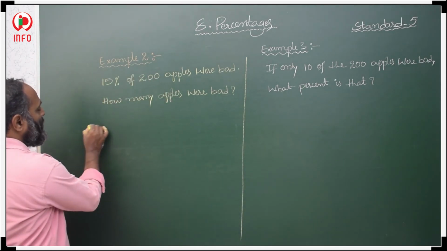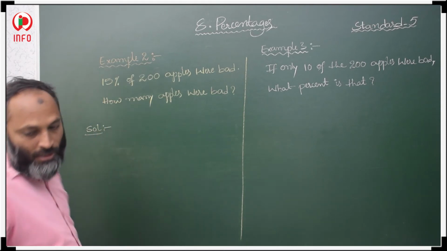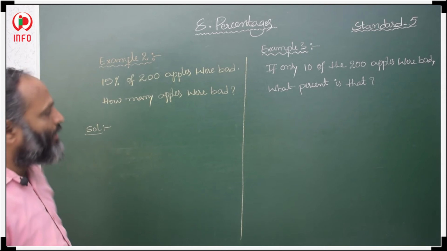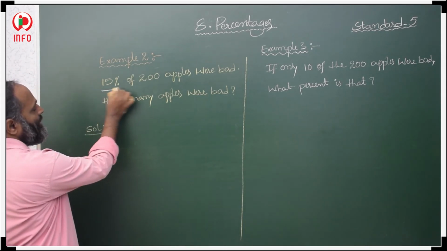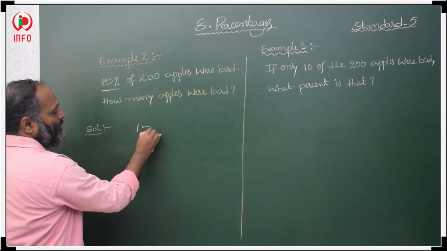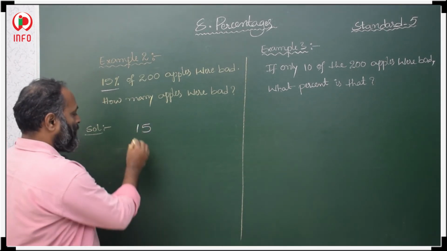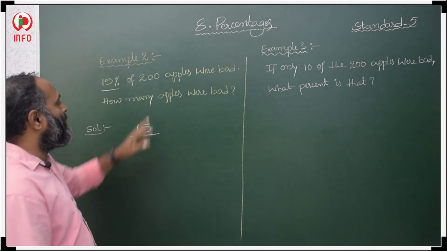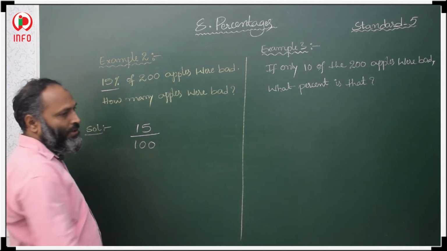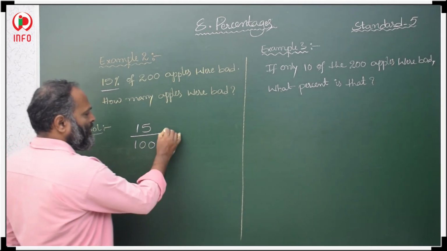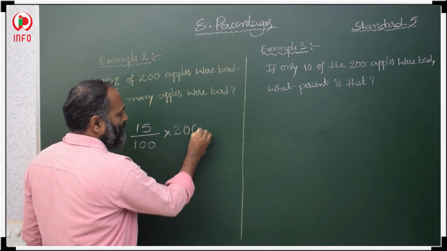Then see here how to convert this into the number of apples. How many apples are bad? 15% by total percentage, that we consider as 100. 15% by total percent into total apples, how many apples are there? 200 apples we have to write.